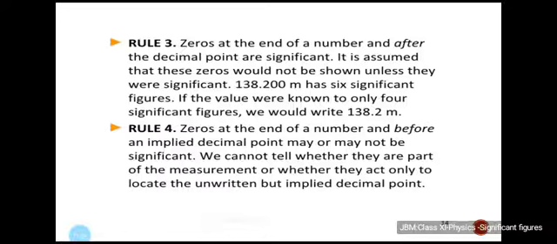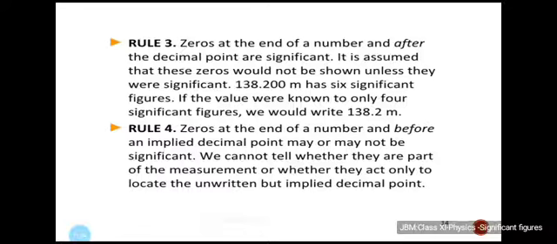Now the next rule: zeros at the end of a number and after the decimal point are significant. It is assumed that these zeros would not be shown unless they were significant. 138.200 meter has 6 significant figures. If the value were known to only 4 significant figures, we would write 138.2 meter. So all zeros on the right of the last non-zero digit in the decimal part are significant.